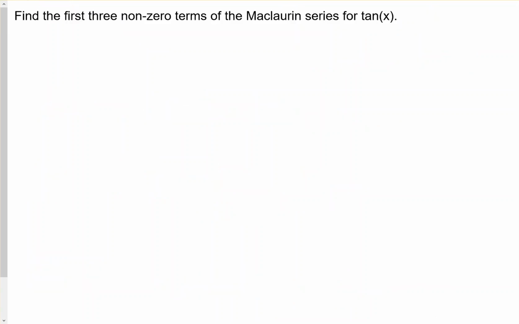Let's find the first 3 non-zero terms of the Maclaurin series for tangent of x. So we could use our knowledge of tangent of x. We know that tangent of x is equal to sine of x over cosine of x. And we know what the Taylor series are for both sine x and cosine x.